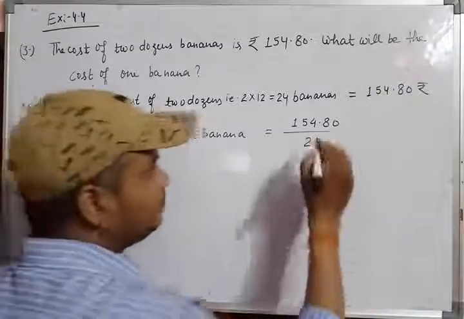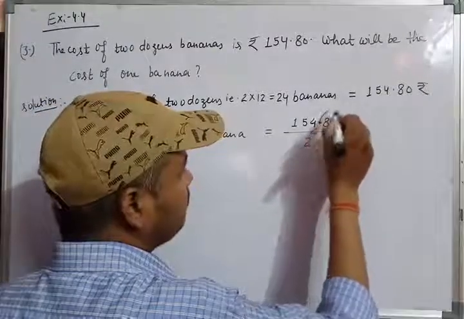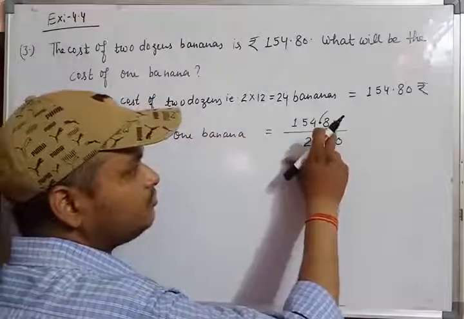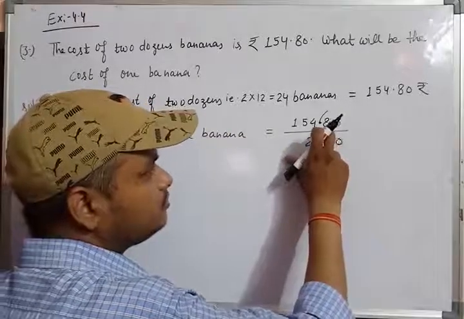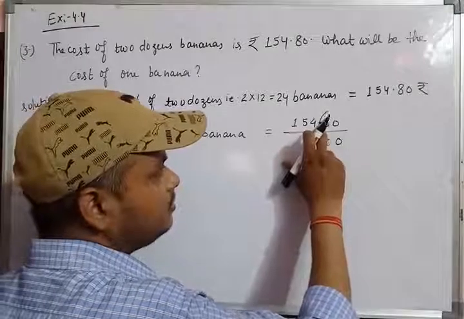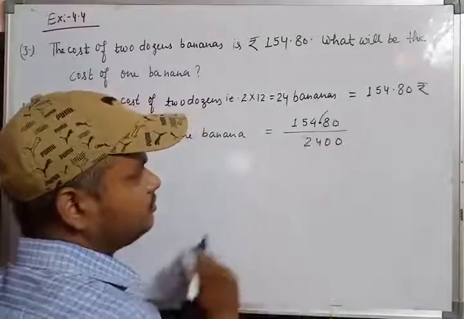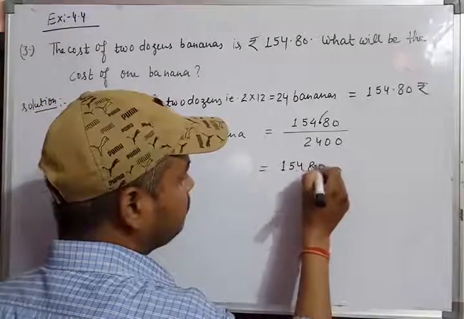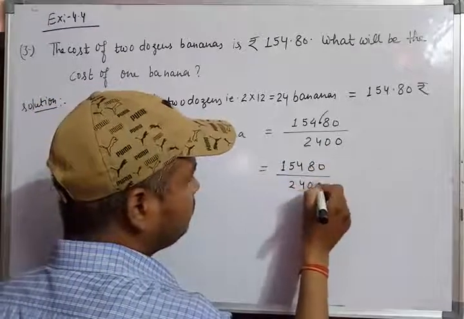So first of all, you have to remove the decimal like this and put 2 zeros, because here the decimal has been written before 2 digits. Now we can write 80.2400.